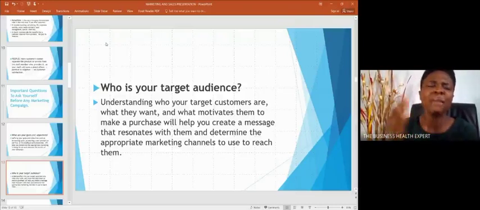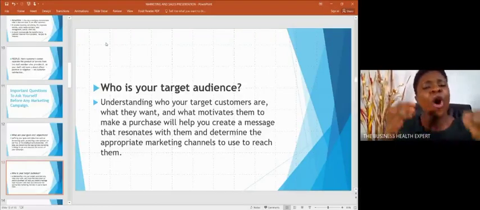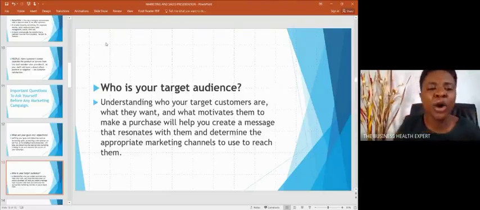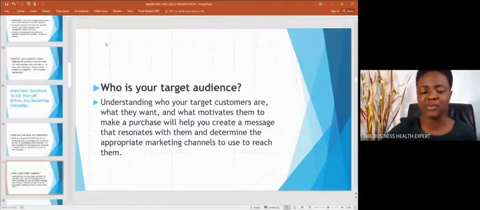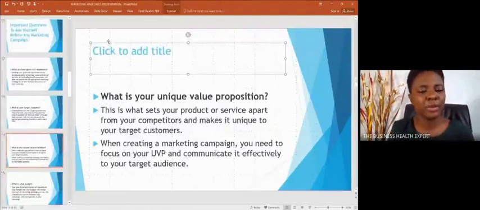They should ensure they make best use of social media, reviews, and all of that. So understanding your target customers and what motivates them will help you understand how to reach out to them and the marketing channels to use. This is very important. Also, I've talked about unique value proposition.